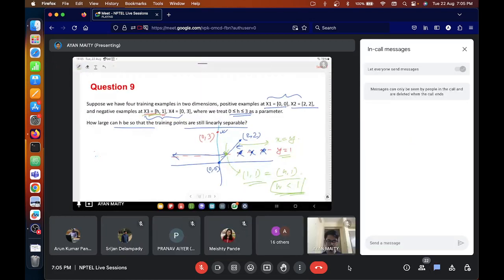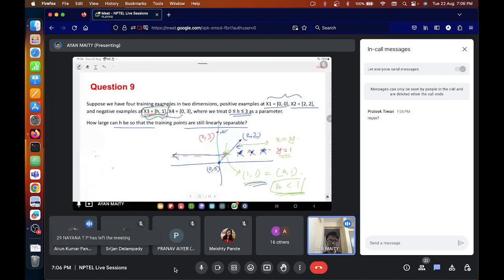Sir, is the point 1 positive or negative? It is a negative point, so this x3 here, which is (h, 1). Sir, am I audible? Yeah. Okay. (h, 1), is this x3 point, which is negative.